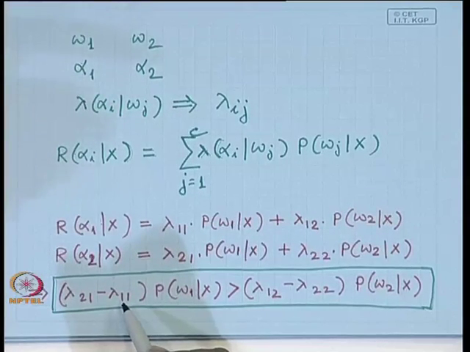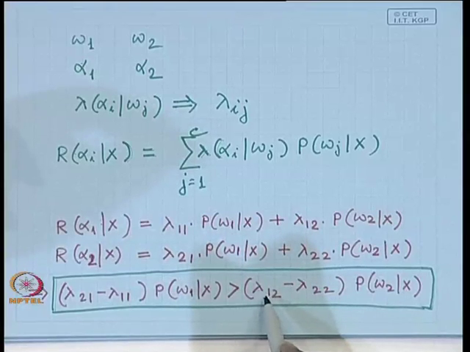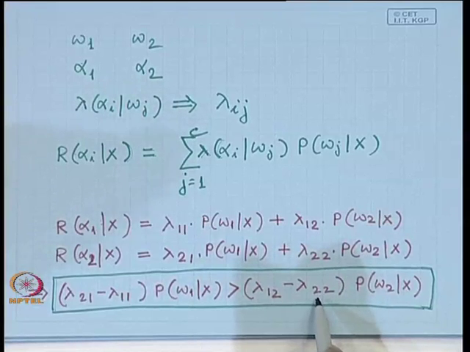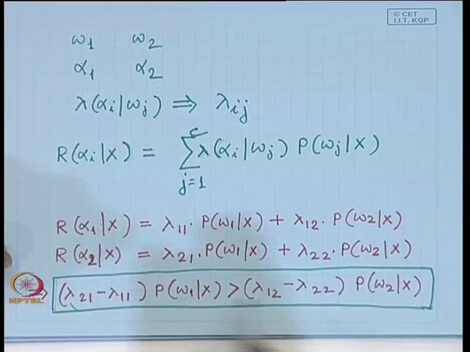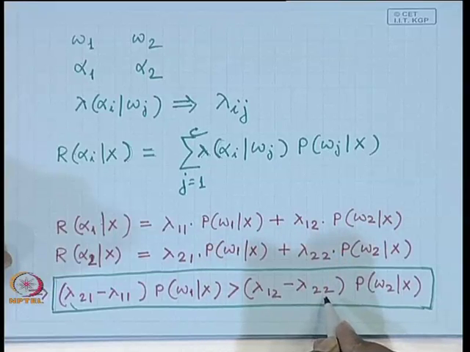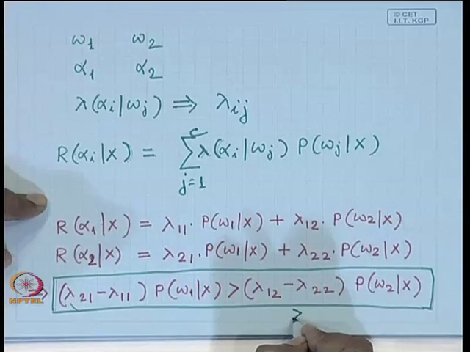Ideally, this should be equal to 0, because the action is correct. Similarly, lambda 1 2 is much greater than lambda 2 2, because lambda 1 2 is the loss incurred for taking a wrong decision, whereas lambda 2 2 is the loss incurred for taking a correct decision. So, you find that both lambda 2 1 minus lambda 1 1 and lambda 1 2 minus lambda 2 2 will be positive, or greater than 0.